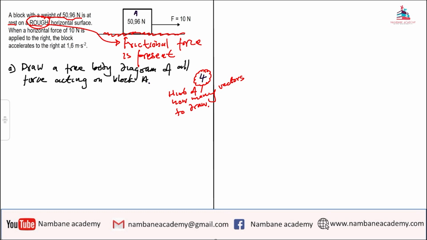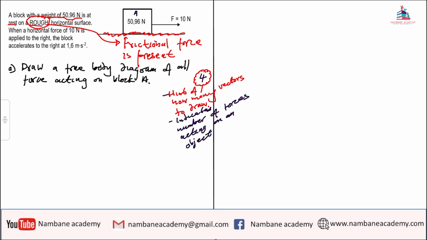Once the examiner says draw a free body diagram and it's 3 marks, I must draw 3 vectors, nothing more, nothing less. So basically, the very same mark allocation indicates the number of forces acting on an object.